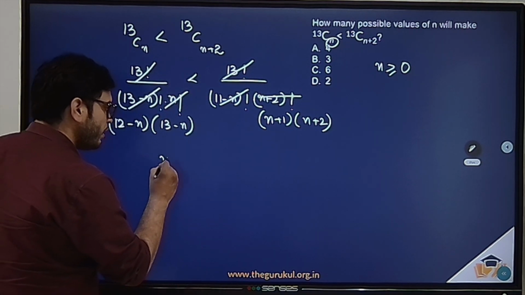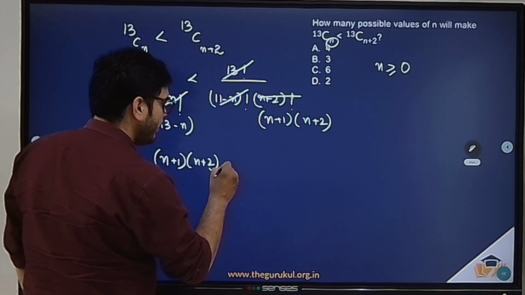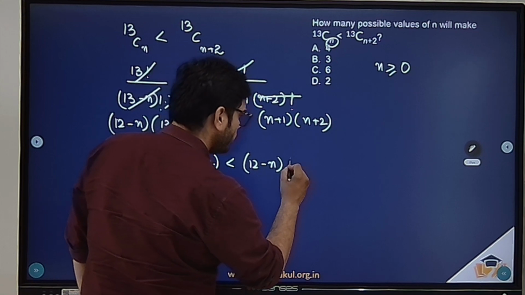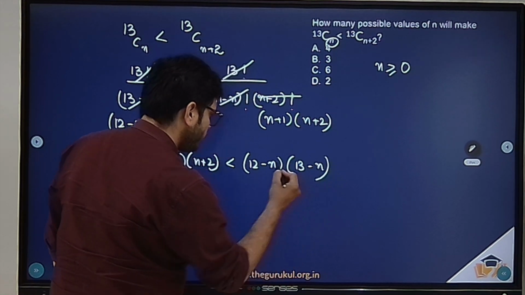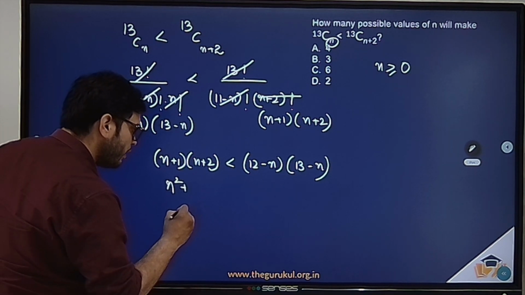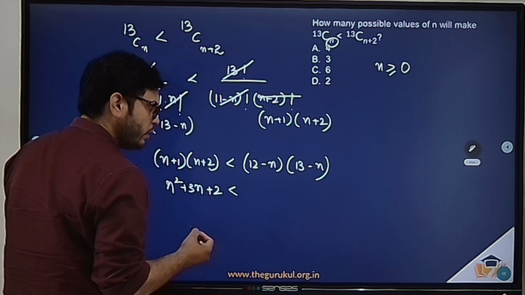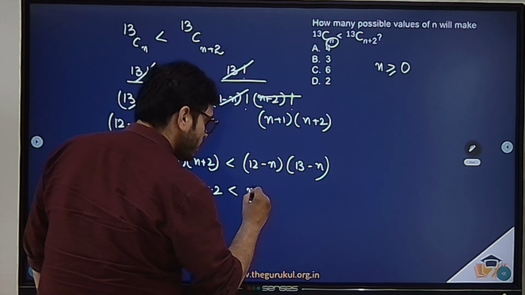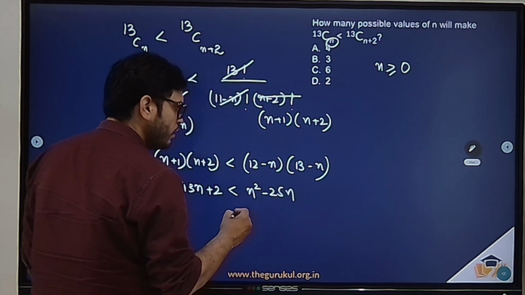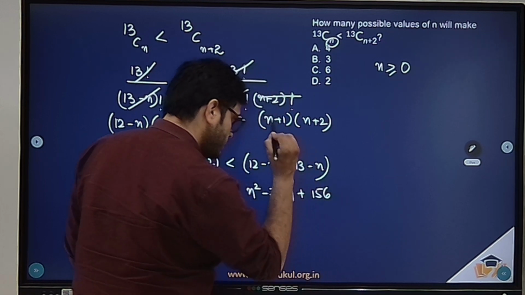So you will have (n plus 1)(n plus 2) less than (12 minus n)(13 minus n). On expansion, what do we have? n square plus 3n plus 2 should be less than n square minus 25n plus 156.